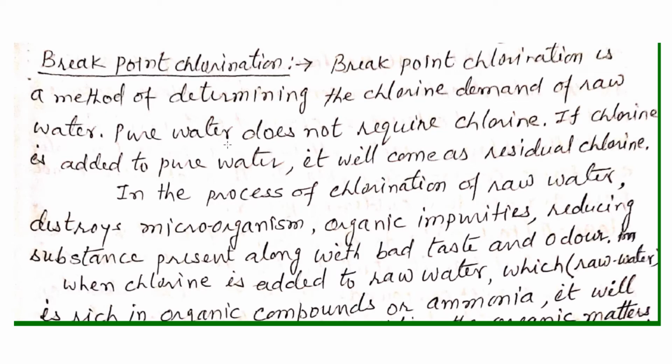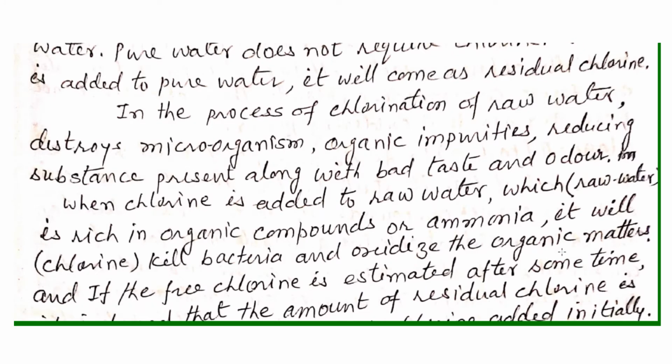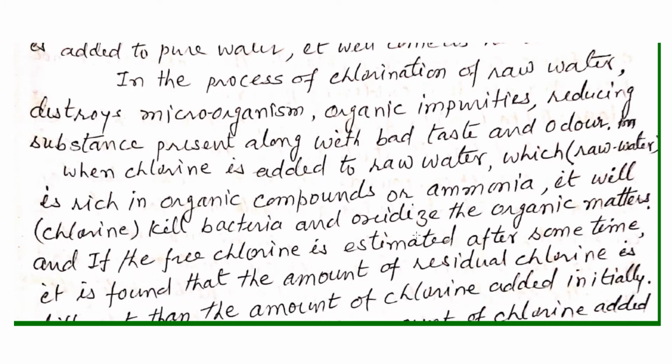Basically, in this process the chlorination of raw water destroys microorganisms, organic impurities, and reducing substances present, along with bad taste and odor. When chlorine is added to raw water which is rich in organic compounds or ammonia, it will kill bacteria and oxidize the organic matter and destroy it.